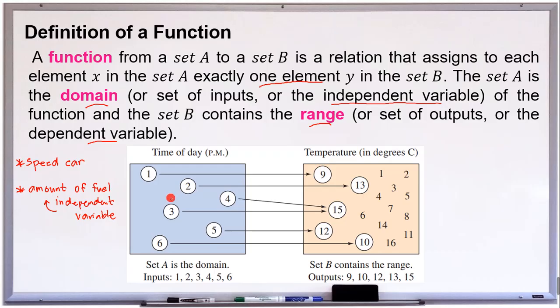Now, the values inside this blue square are the values for our domain. Say for example, at 1 p.m. the temperature is 9 degrees Celsius, and then at 2 p.m. the temperature is 13 degrees Celsius.